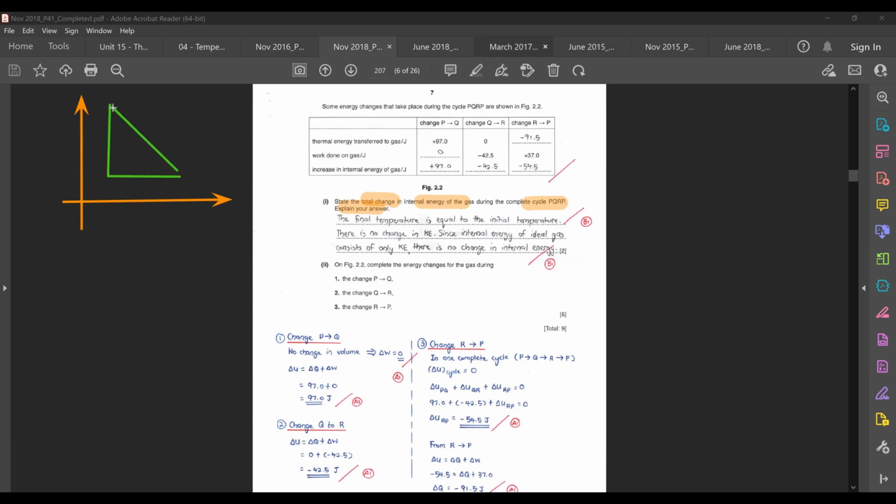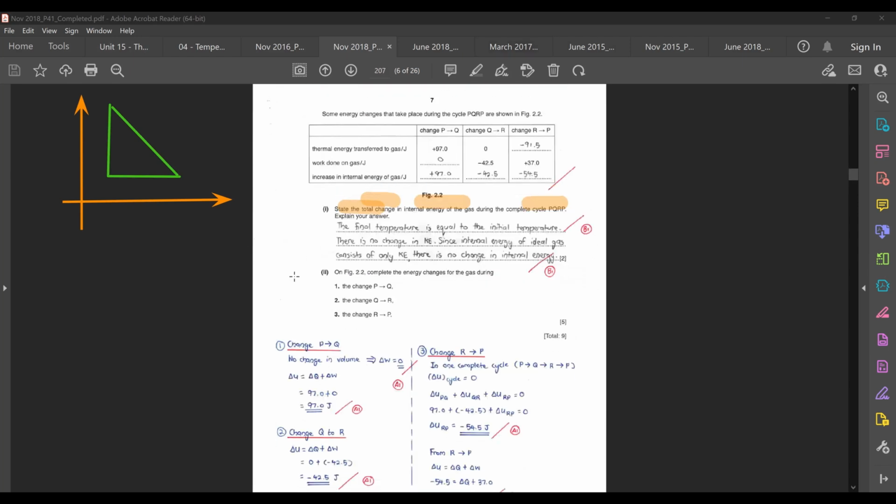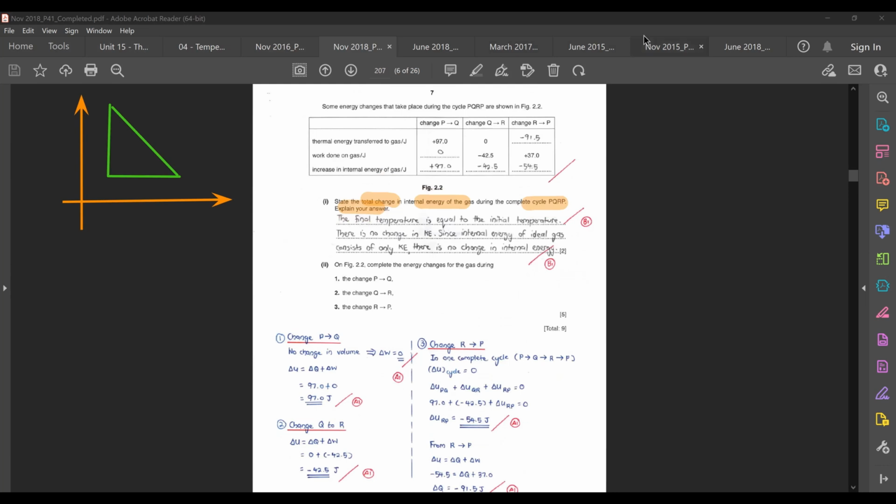It's almost like a triangle. So you are going across one full complete cycle from P to Q to R back to P. So let's consider this.